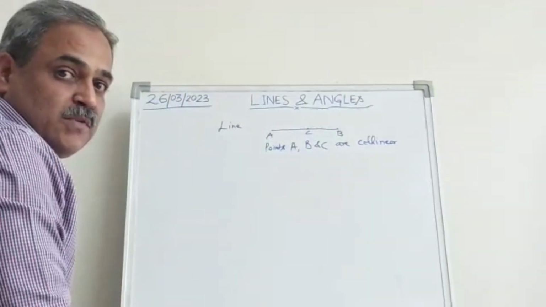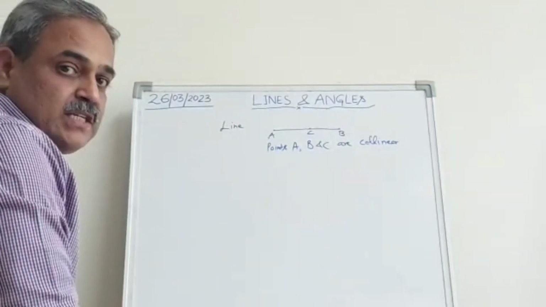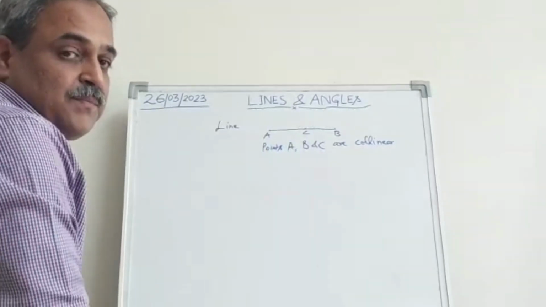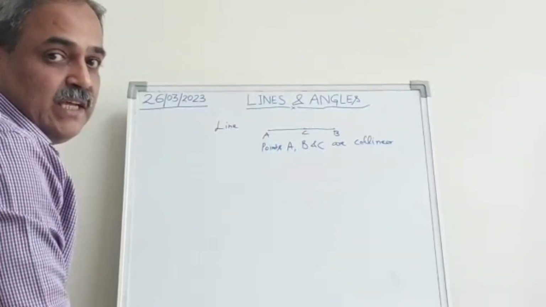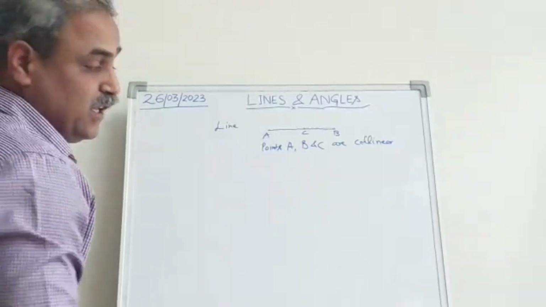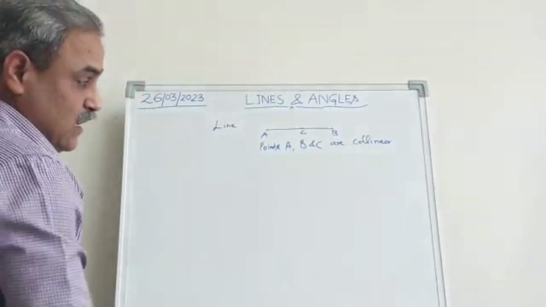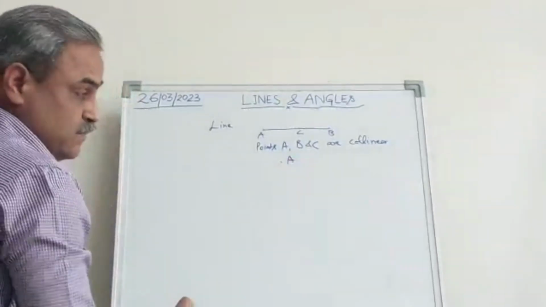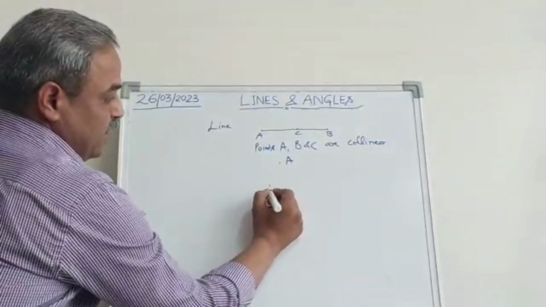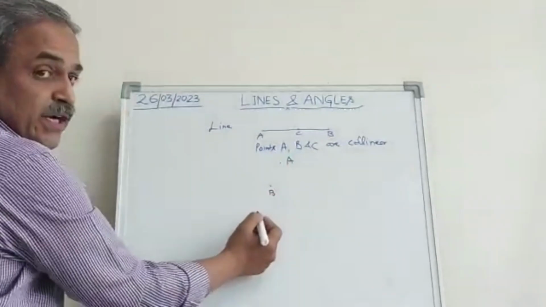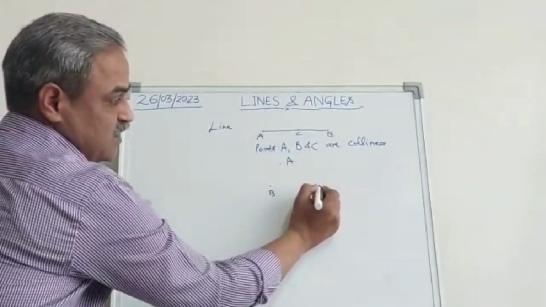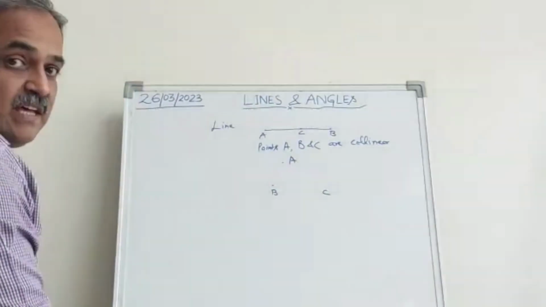An angle is formed when 3 points are non-collinear. Non-collinear points are those points which are not in a line. Let us see what non-collinear points are and how they form the angle. This is point A, this is point B, and the third point is not in the same line but is somewhere else, that is point C. Suppose it is here.